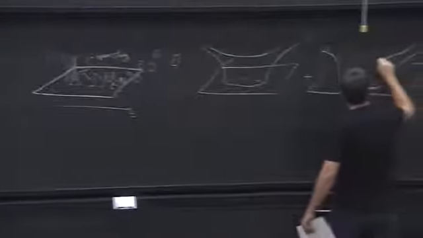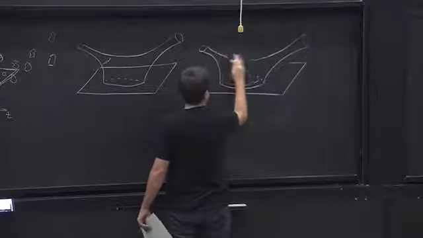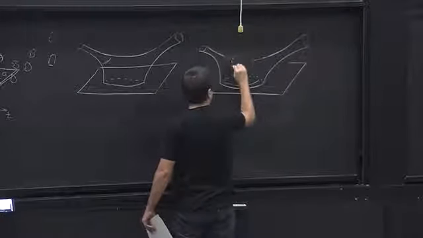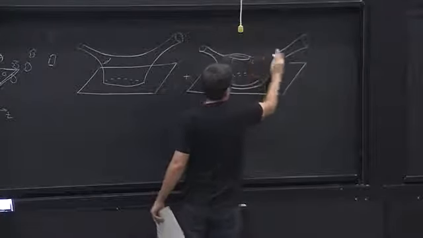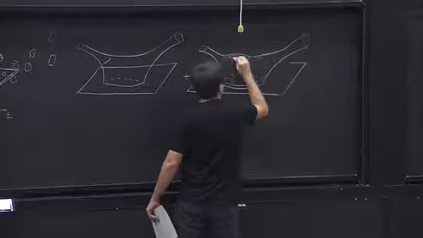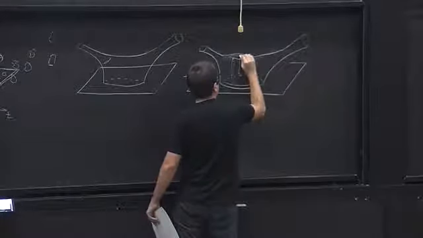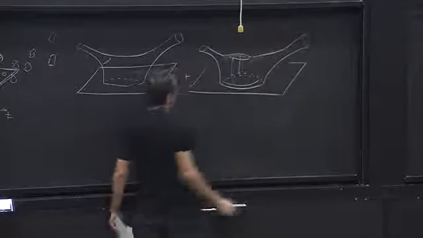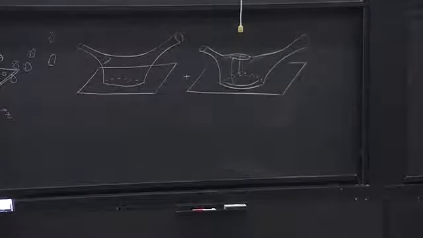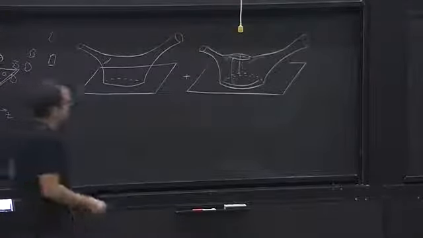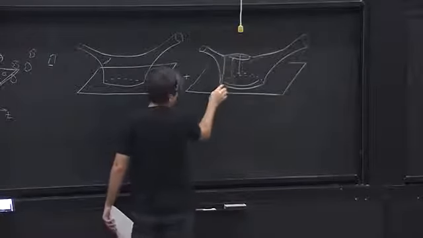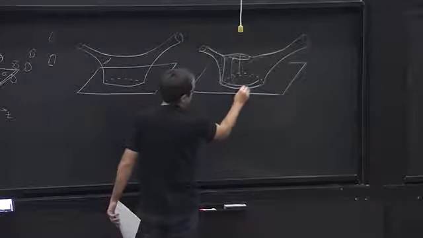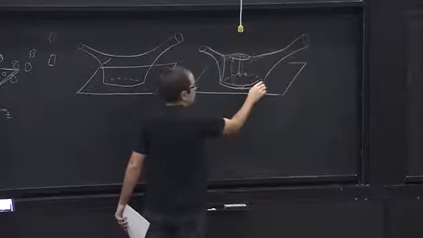Let me see if I can draw this. You see what's happening? The string splits into two, then these two join, and then it goes out. This is a string, it attaches as an open string that goes from here to the other side, and this open string splits into two open strings. One goes here, the other goes there. Then these open strings join into one, and then they leave.